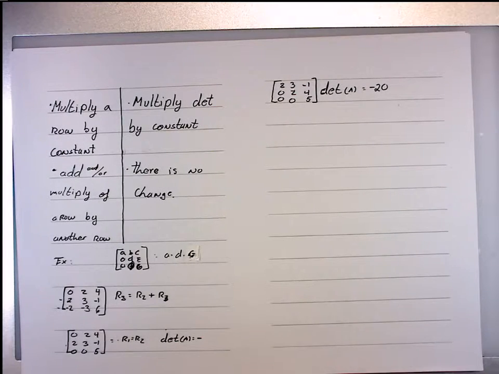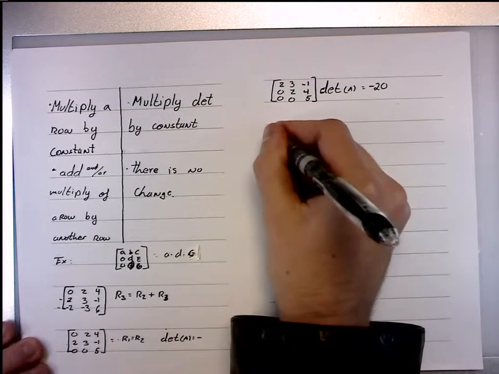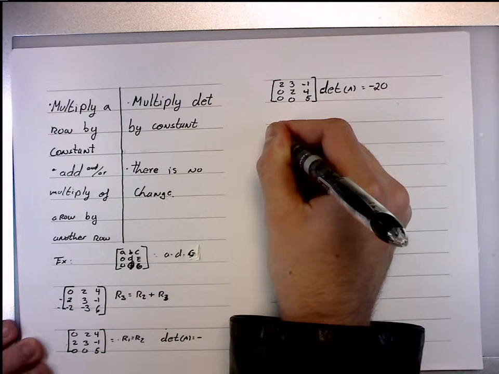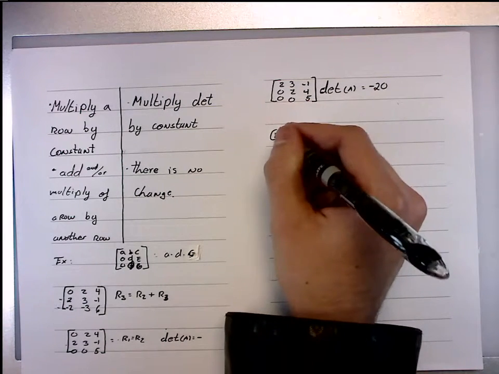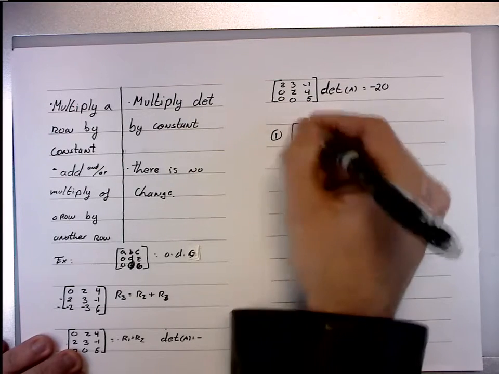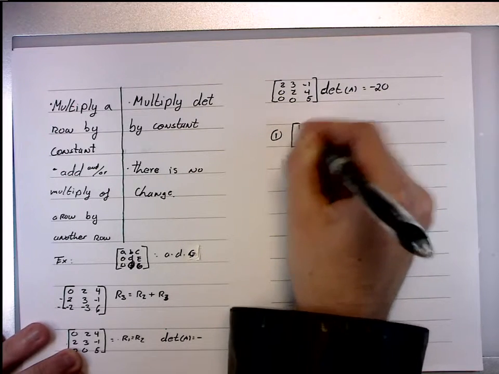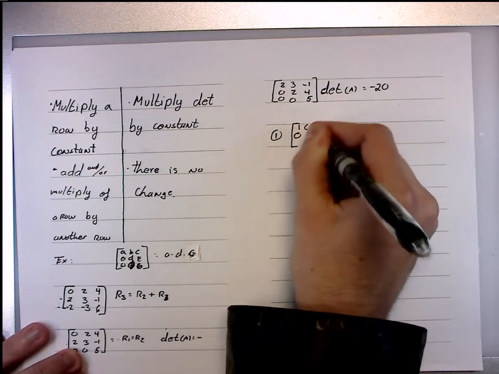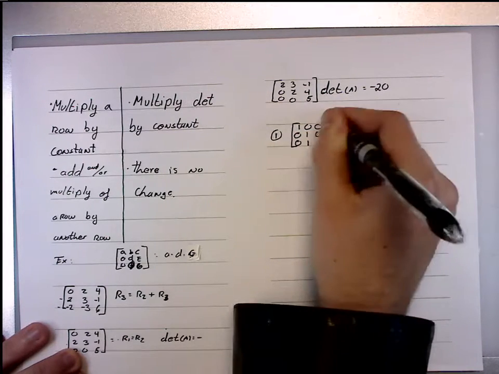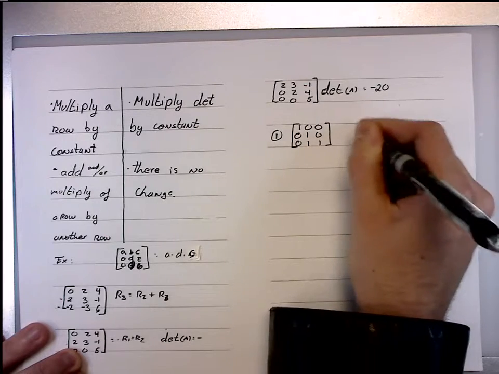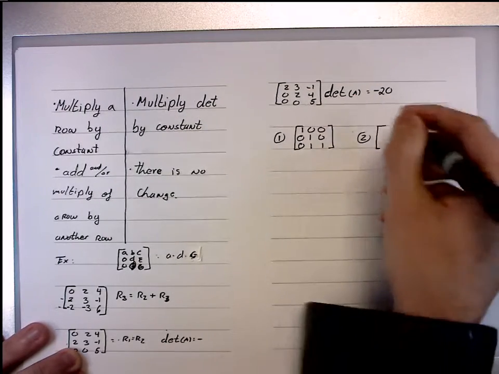If you are wondering how to do it with the elementary matrices, the first matrix will be this one, and the second one will be this one.